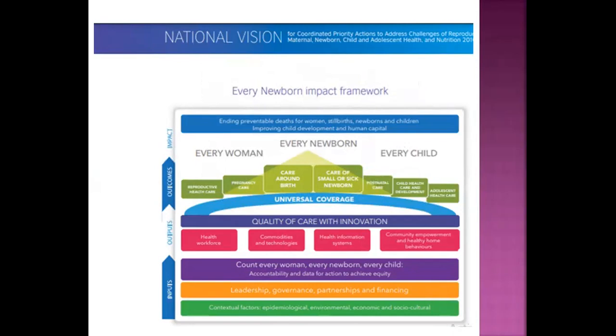And quality care with innovation includes output, health workforce, commodities and technologies, health information system, community empowerment, and healthy home behaviors. Inputs include contextual factors, leadership, governance, partnership, and financing, and availability of data for action to achieve equity. The impact of this framework is ending preventable deaths for women, stillborn, and newborn children, and improving childhood development and human welfare.